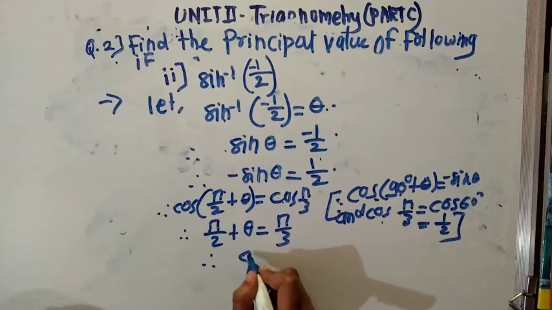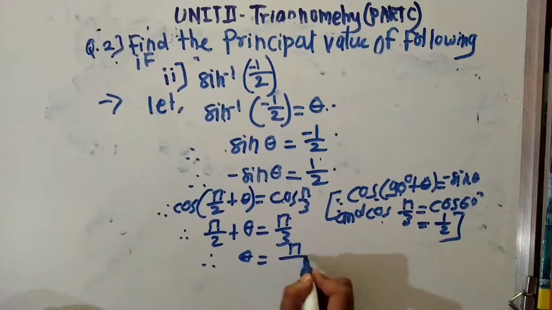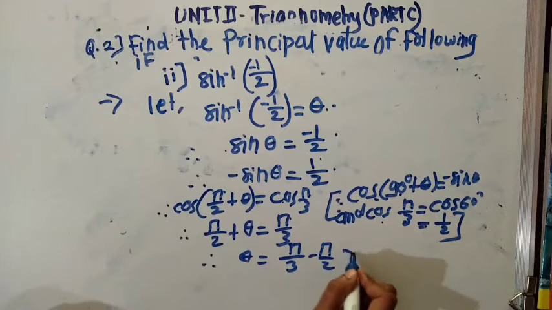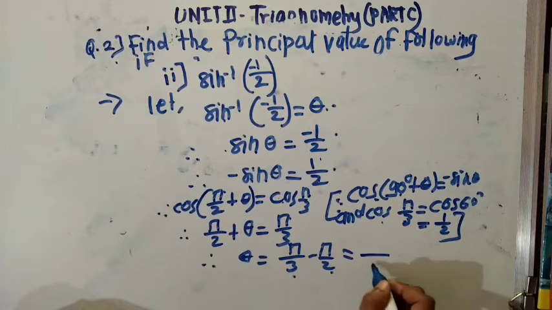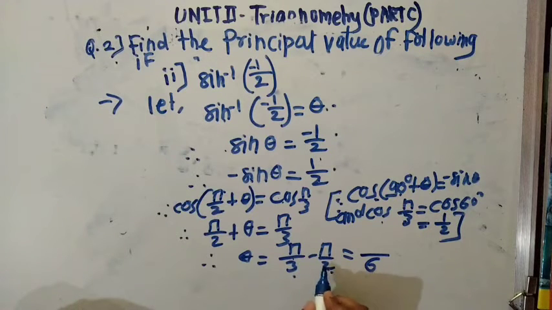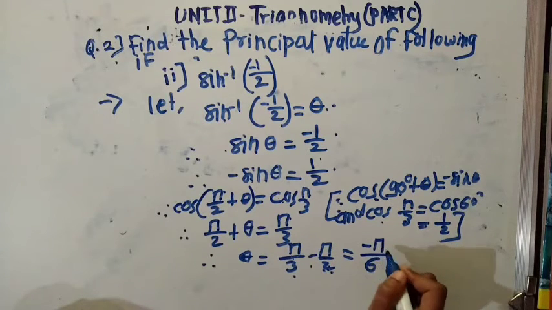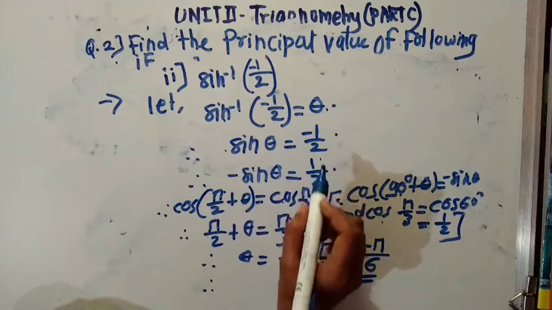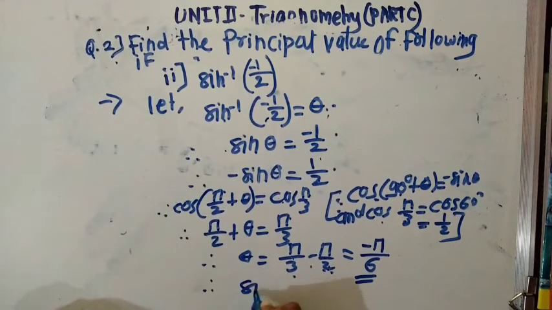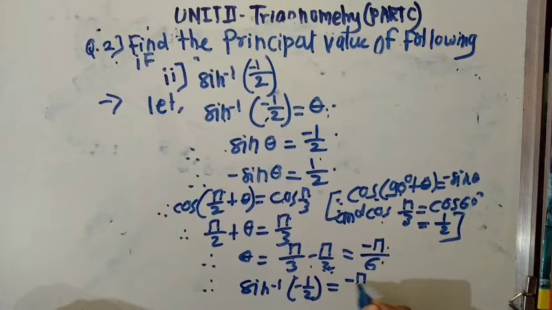Hence theta is equal to pi upon 3 minus pi upon 2. Hence 3 into 2 is 6, 2 into 1 is 2, so 2 pi minus 3 pi upon 6, 2 pi minus 3 pi is minus pi, so theta is equal to minus pi upon 6. We consider theta, means sine inverse of minus 1 by 2, which is equal to minus pi by 6.